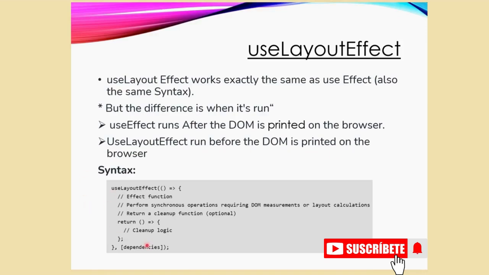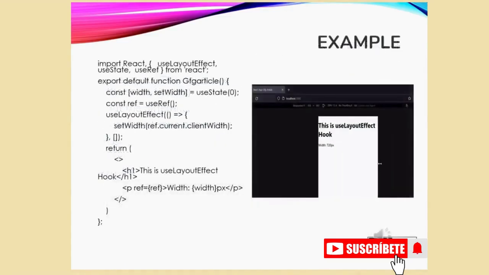The syntax is the same: a function, an effect function, a callback function, and a dependency array, a dependency list. Same, but I will give the example also. Import useState, useLayoutEffect and useRef.